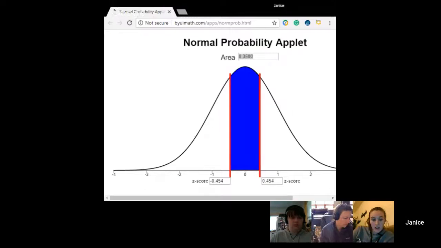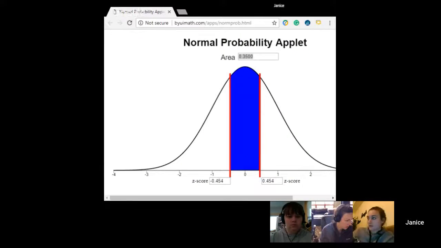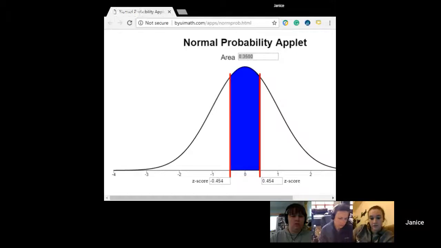I know. But did you guys get 0.350? Okay, so 0.350 is the percentile area, what you're looking for is the Z. Oh, the percentile. Okay. So it's 0.454, but that's the 35th percentile. So that will be on the positive side? Let's see.